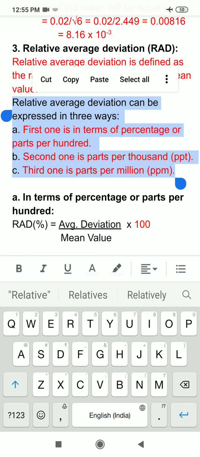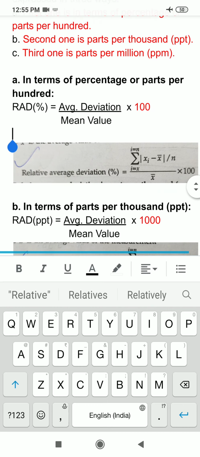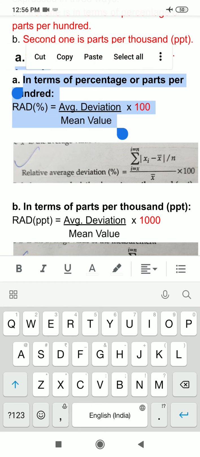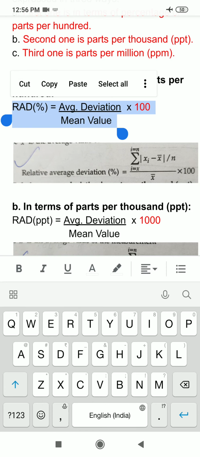If you wish to write relative average deviation in terms of parts per 100 or percentage, then I can write relative average deviation, written as RAD percentage. Percentage here means I am representing relative average deviation in terms of percentage. So relative average deviation will be equal to average deviation divided by mean value.